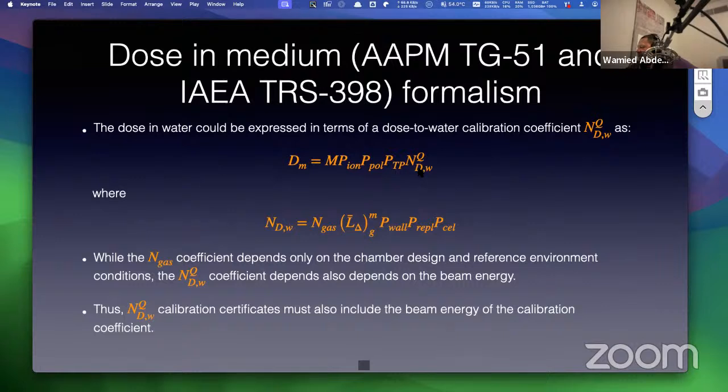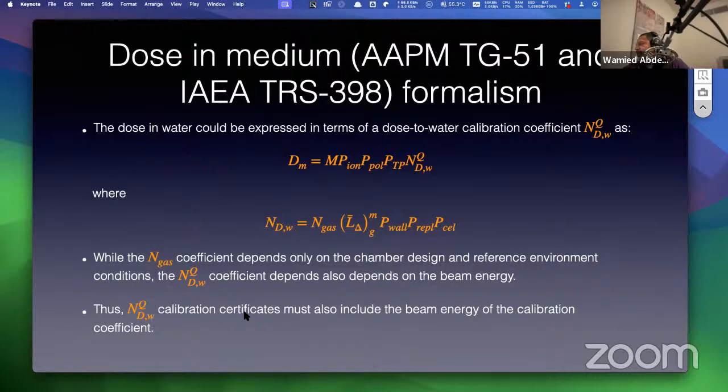Now, N_DW, this is the formula for it. But what differs from N-gas is that this factor depends on the beam quality, on the radiation beam, as well as on the chamber design. So if you receive a certificate with an N_DW, this certificate must state the beam quality for this N_DW.